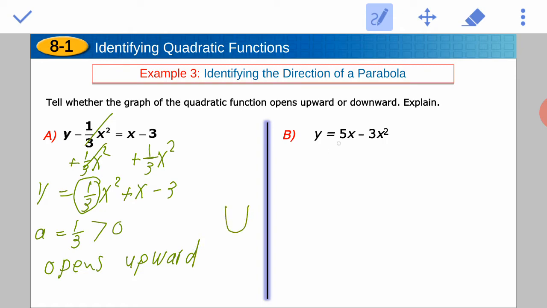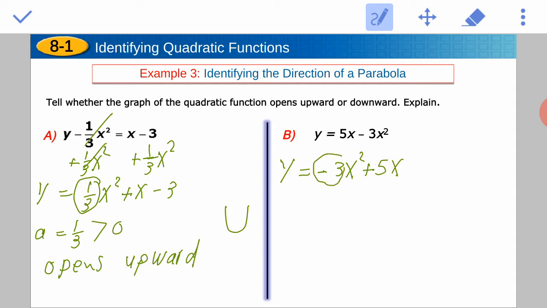Take this part. y equals 5x minus 3x squared. We're lucky this time because y is isolated, but the other part is not written in the standard form. Remember the standard form, y equals, everything is written in descending order, so you need to start with negative 3x squared plus 5x. Just rewrite the equation in the standard form. How do I know the opening direction of this parabola, whether it's upward or downward?